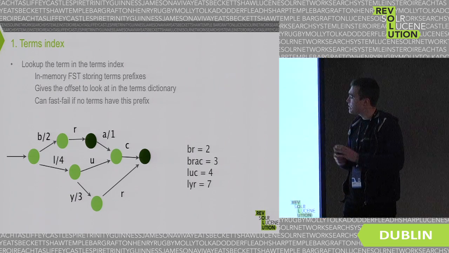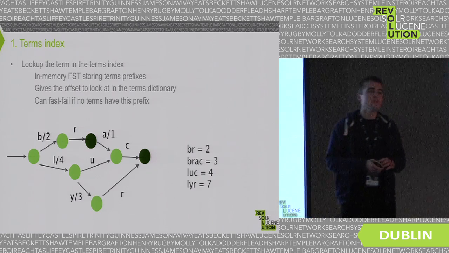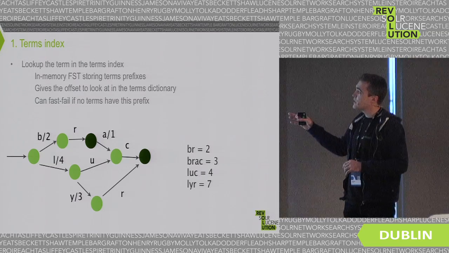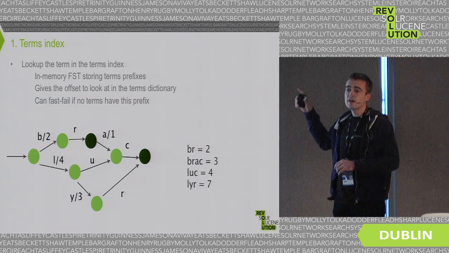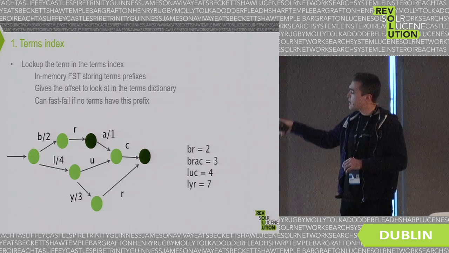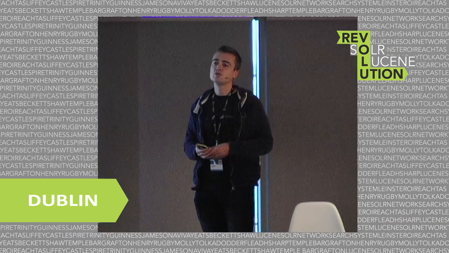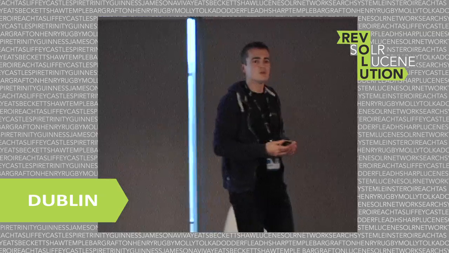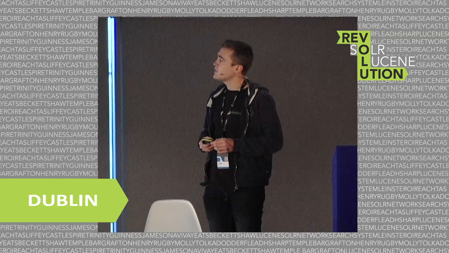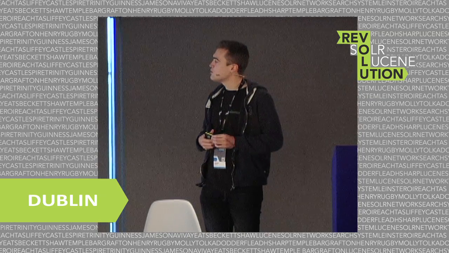Otherwise, if we only stored maybe up to a prefix length of 5, and if you were only storing URLs, actually the terms index wouldn't be useful at all because you would have a single entry, and all our URLs would match this entry, and then you would need to browse the whole terms dictionary in order to find matches, and this is not something that you want to happen. So we try to make the terms index smart enough to compute the prefix length based on the number of matching terms.